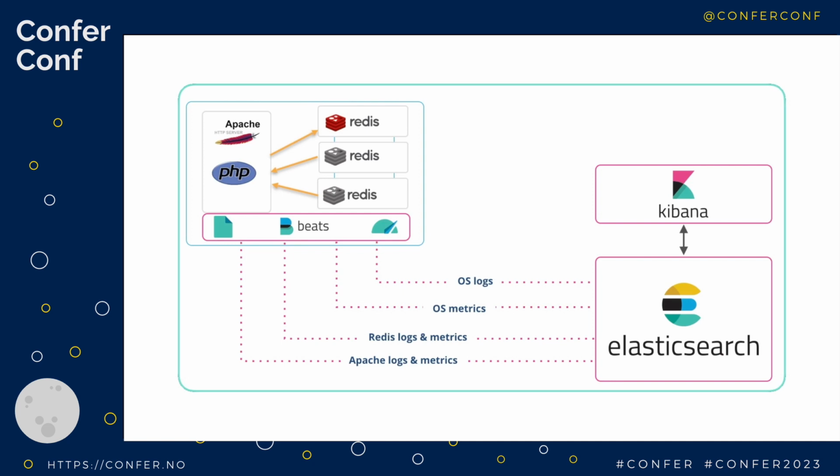So the idea is that with something like, for instance, Beats or other software, right, you can get all the logs from the different applications, parse those logs, and get some insights about what is happening in your system. For instance, your application is trying to write something to another web service or to the database, right?